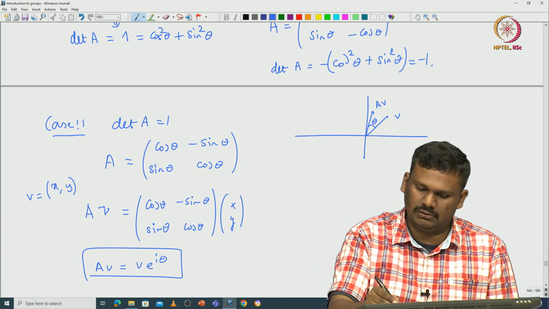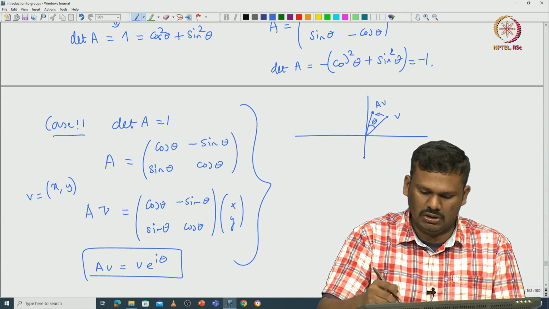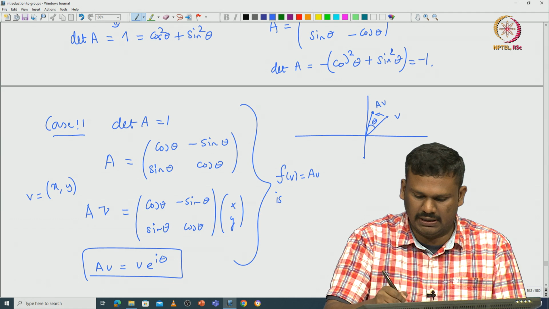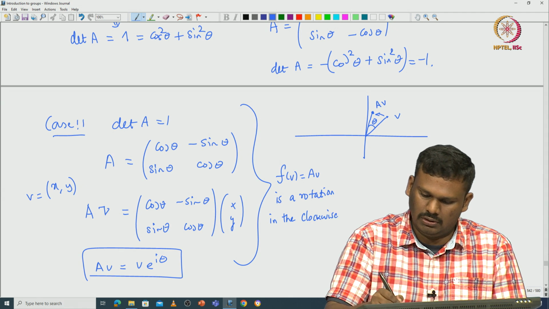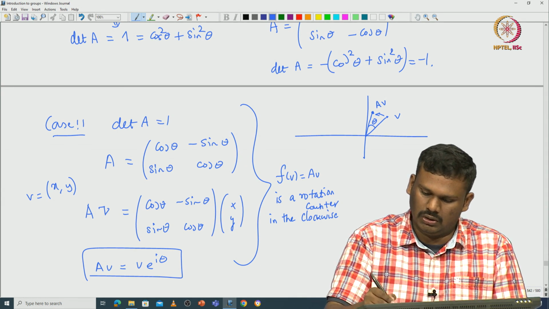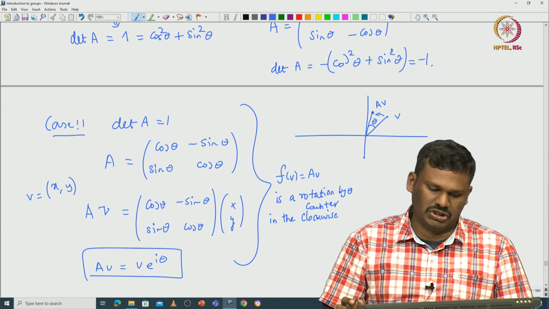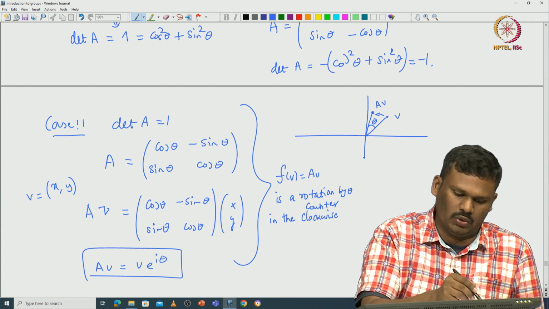So, in this case, f of V equal to AV is nothing but a rotation by theta in the counterclockwise direction. So, that is the physical interpretation of this orthogonal map when the determinant is 1.